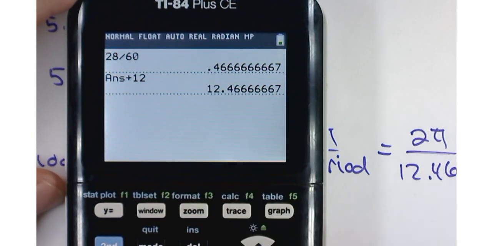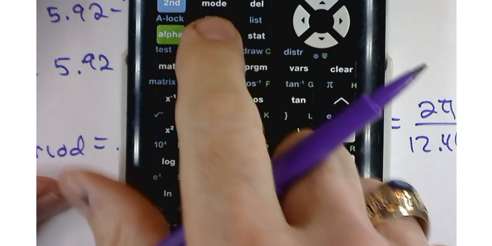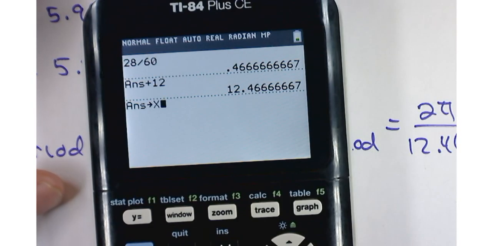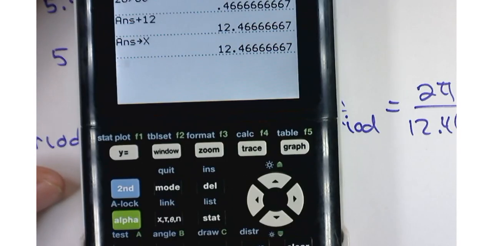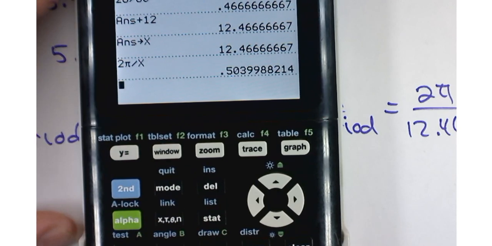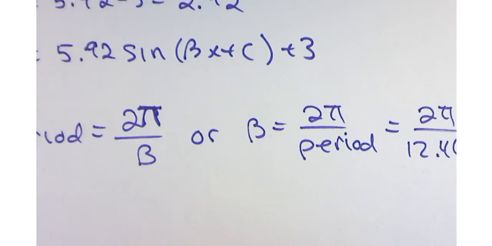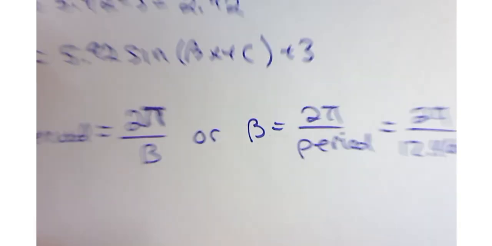Let's store that. Hit the store key down here. Store that in X. And I'll take 2 pi divided by X. And that gives me, call it 0.504, rounding it off to 3 digits. That's going to be my b.